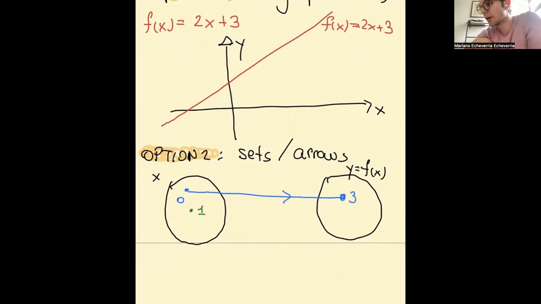If x is 1, this is being sent to 2 plus 3, which is 5. And just to give you one more, say if you had put the value of x to be -2, then it would be sent to -4 plus 3, that's -1, right?